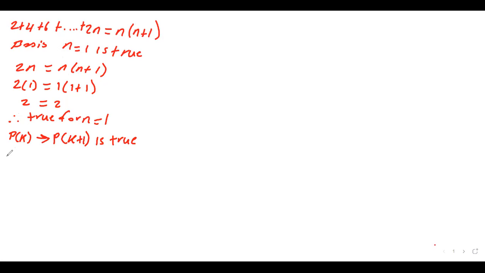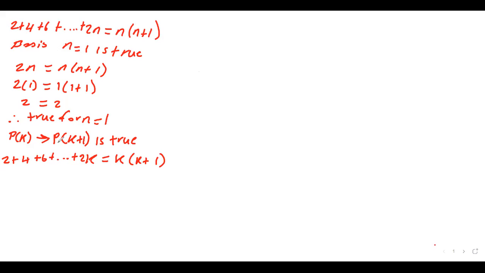So P of k would give us 2 plus 4 plus 6 plus ... sorry, should be using k. All right, so plus 2k is equal to k into k plus 1. All right, so that's P of k.